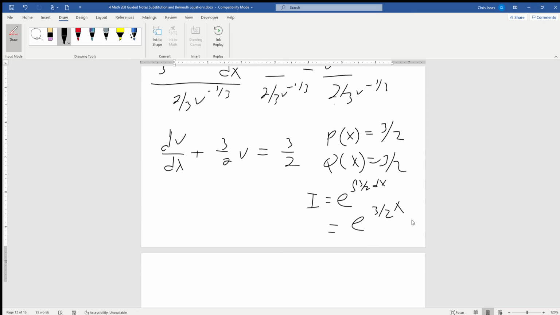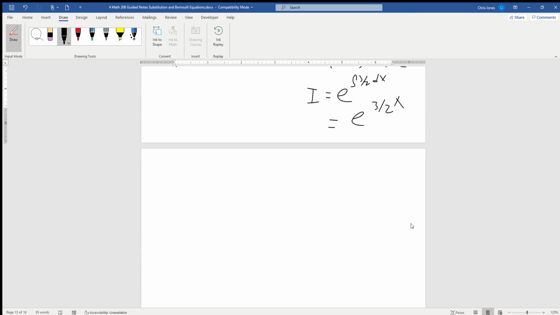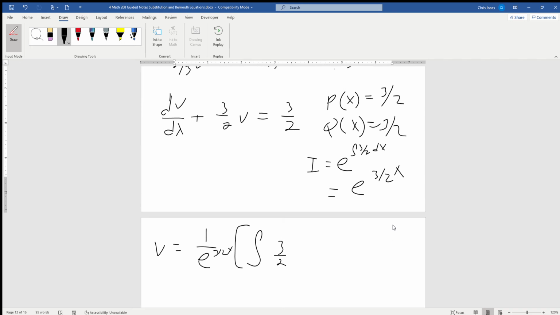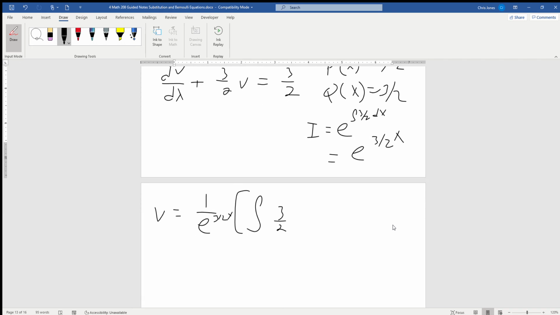We're going to use our formula to be able to solve for v. So v equals 1 over I, which in this case is e to the 3/2 x, times the integral of q of x, which is 3/2, times I, which is e to the 3/2 x, plus c.